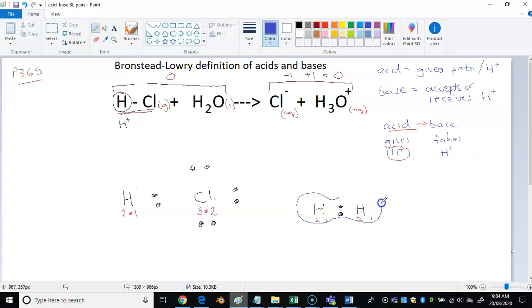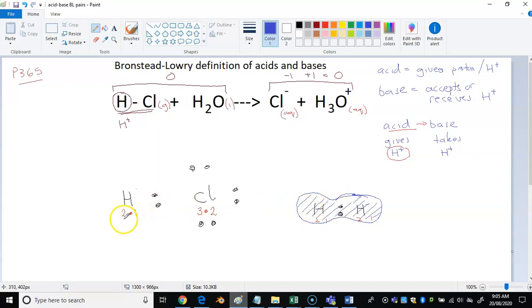They move around very, very fast, and so we can draw where they probably are as a cloud area. And because the electronegativities are the same, each electron will spend roughly half the time around this hydrogen, roughly half the time around that hydrogen, and so the distribution of electrons is even between the two.